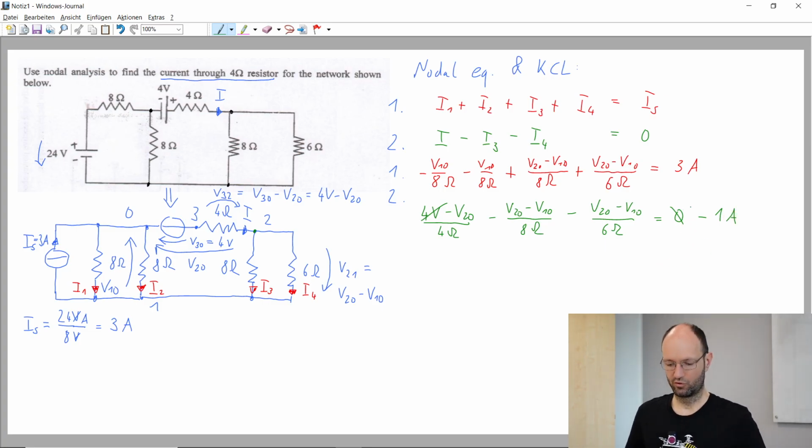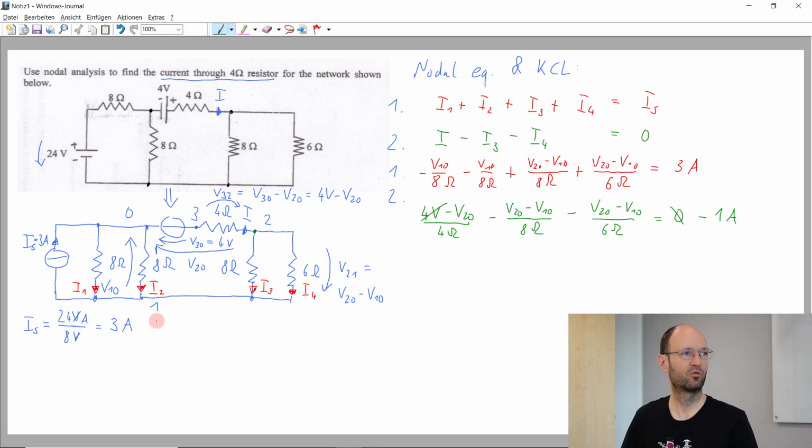So this should fit, and now we can check. Now we have set up a system of equations with 2 equations and 2 unknowns, namely V10 and V20, our 2 nodal voltages that are unknown. And so the next step would be to write this system of equations in matrix form.